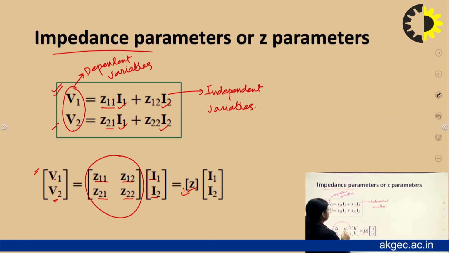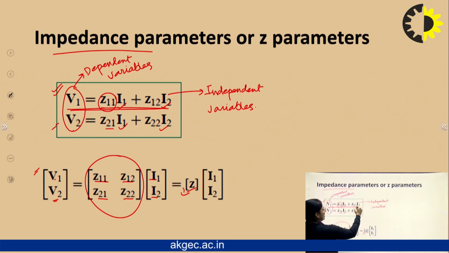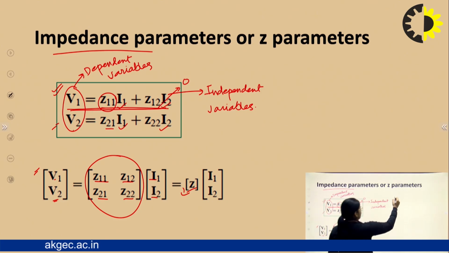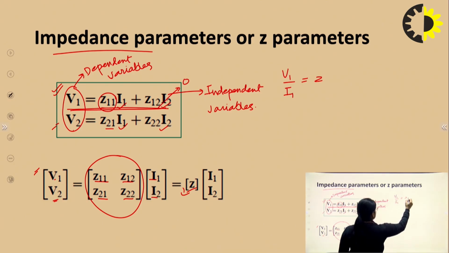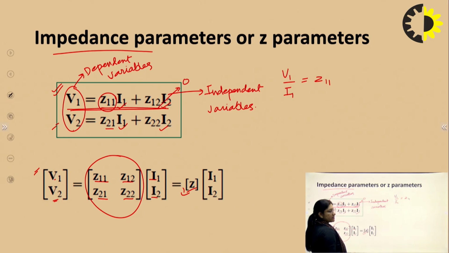Now, if I want to calculate the value of Z11, in this equation, if I put I2 equal to 0, then what will be the value of Z11? V1 by I1 will be equal to Z11. But what is the condition? The condition is I2 must be 0.